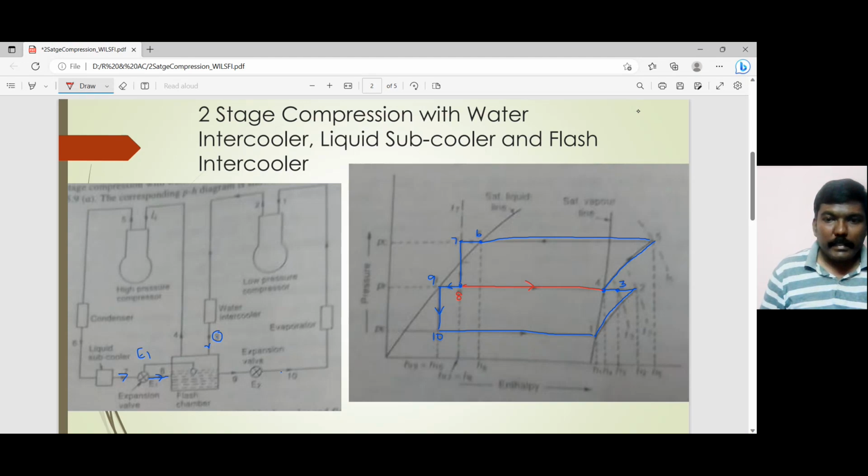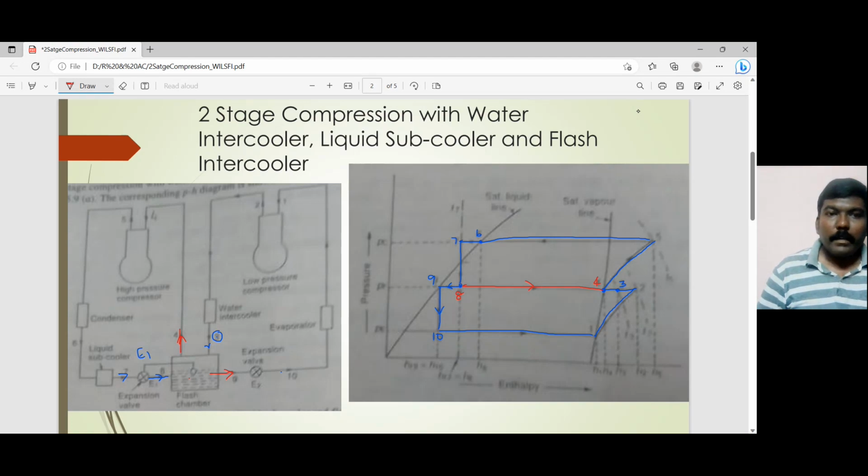So this is 8 and this is my 4. So what is point number 8? At the end of the expansion, it enters into the flash chamber. From the flash chamber, you have one circuit that goes to the evaporator through the second expansion valve. And there is another exit that goes to the high pressure compressor, which is point number 4. Okay, so that is something which you should keep in your mind.